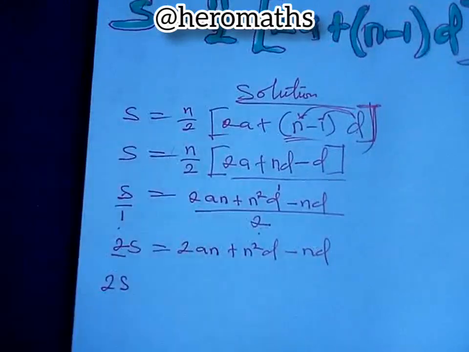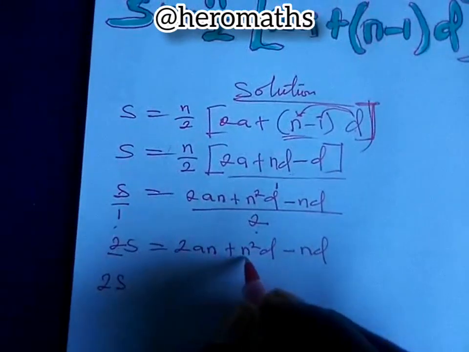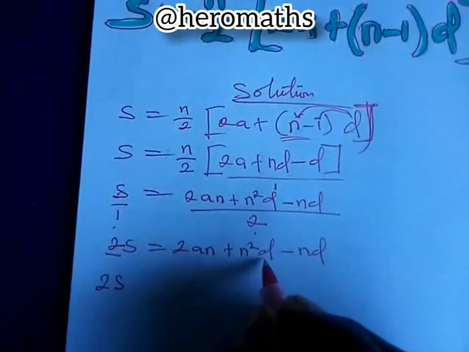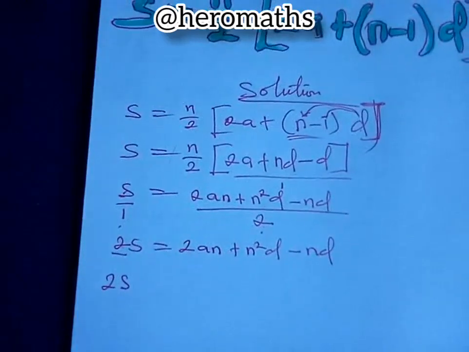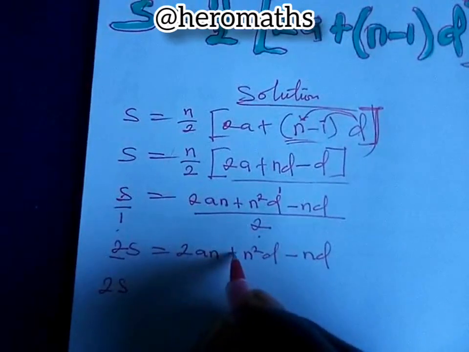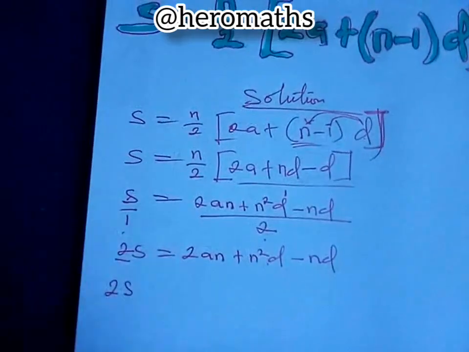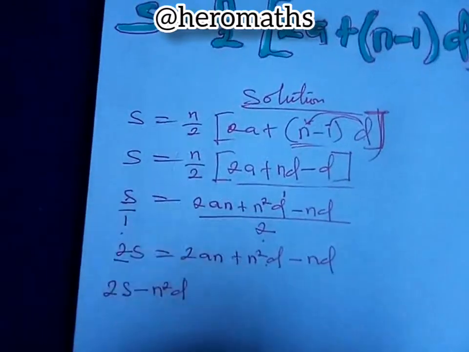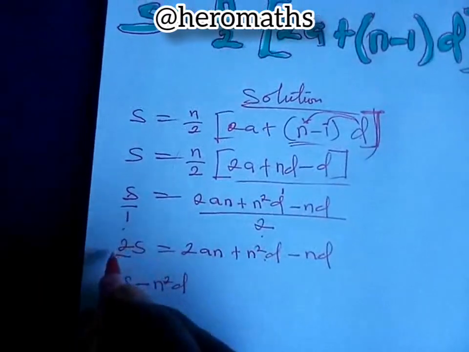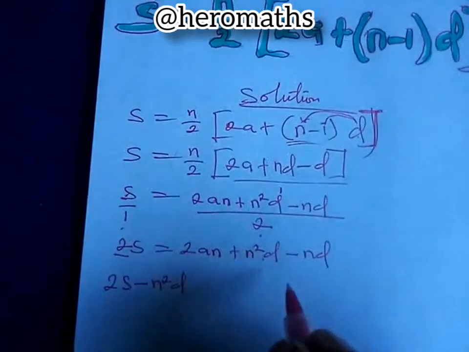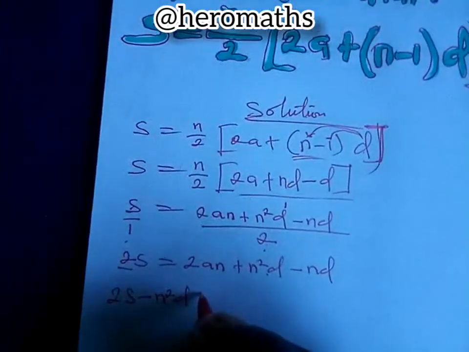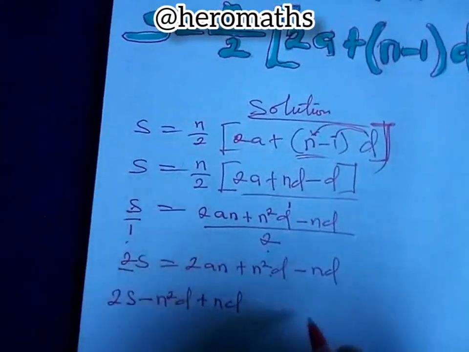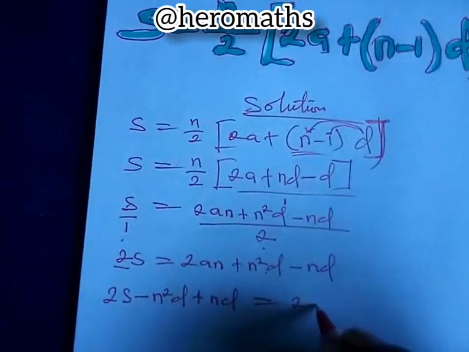This n squared d is crossing the equality sign, so the sign will change. We are having plus here, so this will be negative, it will be minus n squared d. Then this is minus nd, it is crossing to this side, we turn it to positive, and that will be plus nd is equal to 2an.